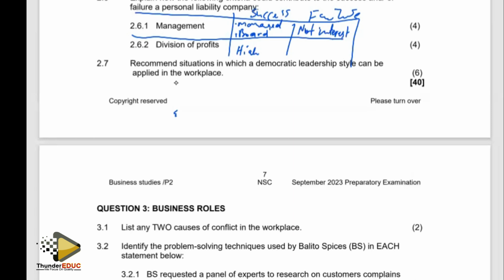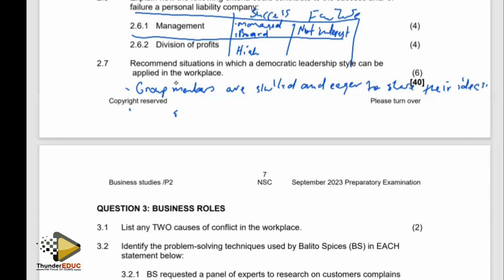Okay, right. So now we are saying that here group members are skilled and eager to share their ideas. And also, saying that cooperation is needed between a leader and a team.